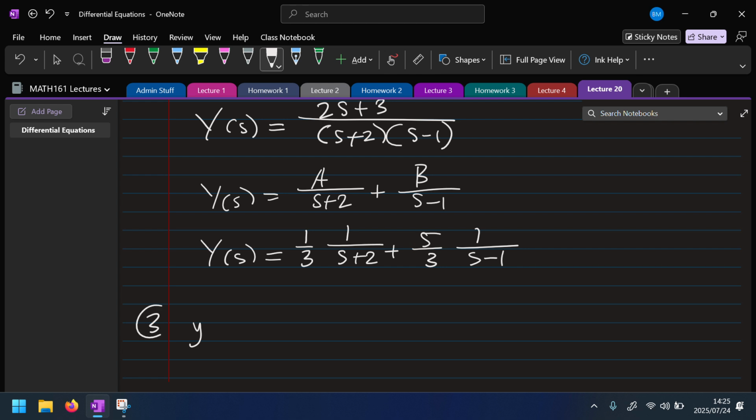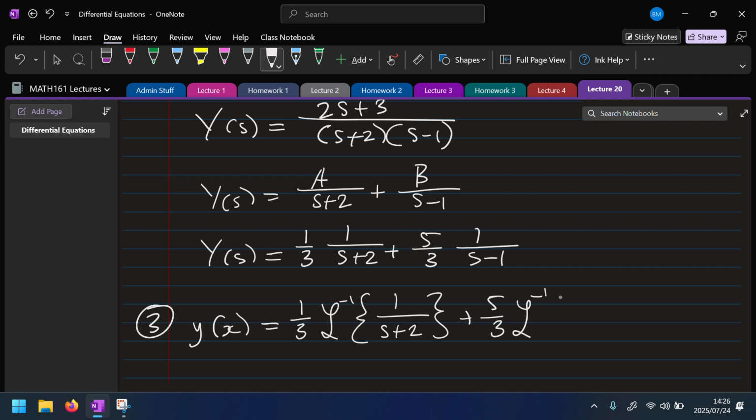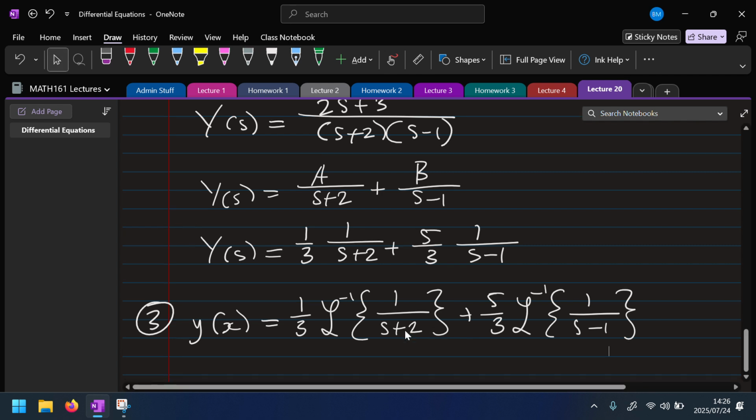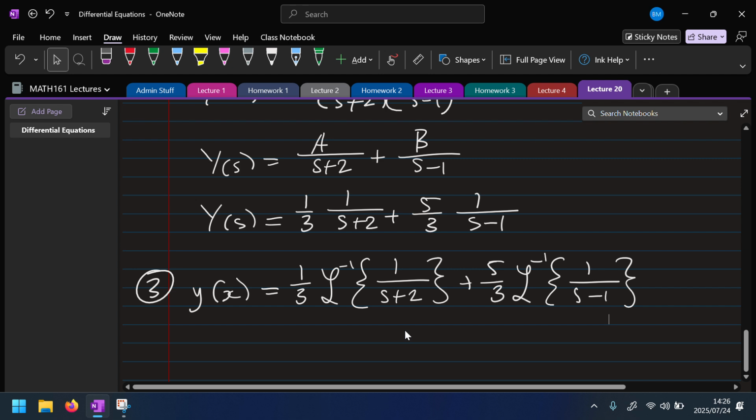So step 3, y of x, that will be 1/3 inverse Laplace transform of this, plus 5 over 3 inverse Laplace transform of this. Okay, and then you just look at the table to see where it goes. So in the first case, we know that a was minus 2.